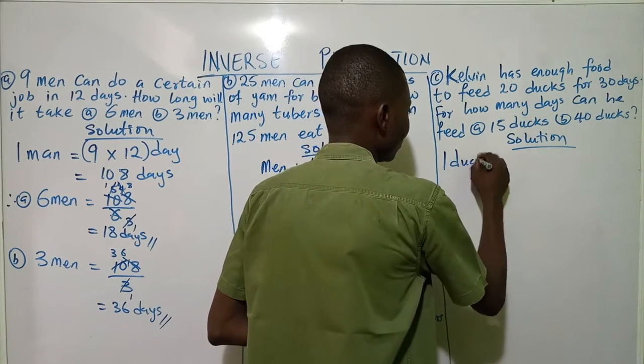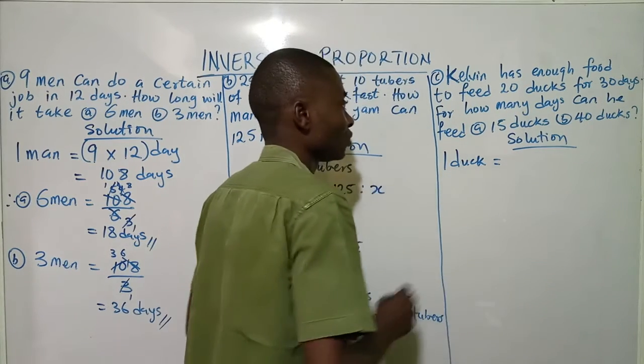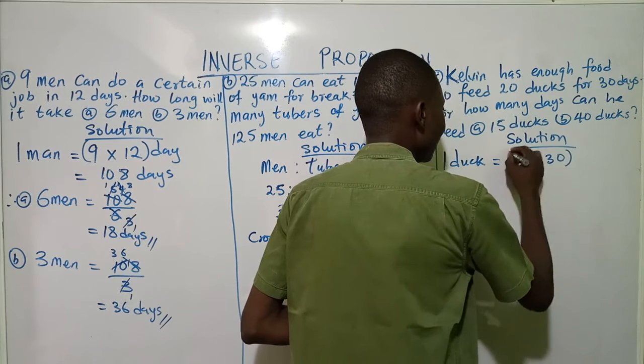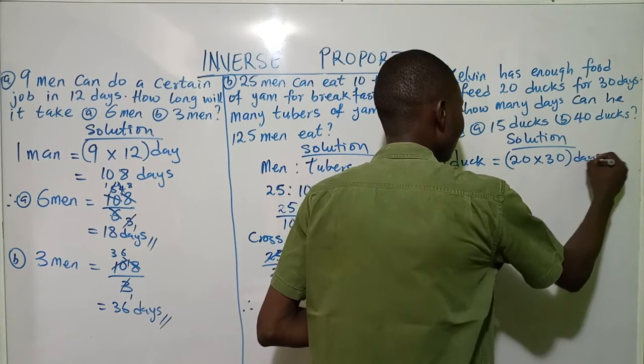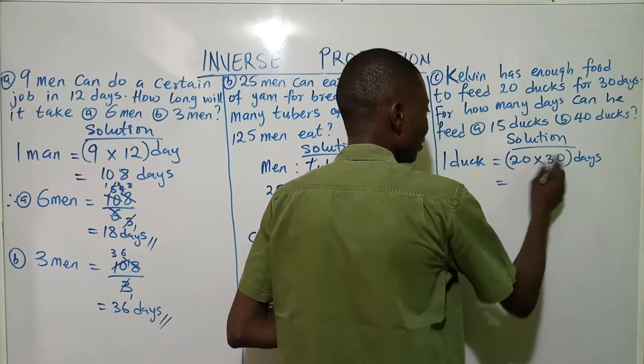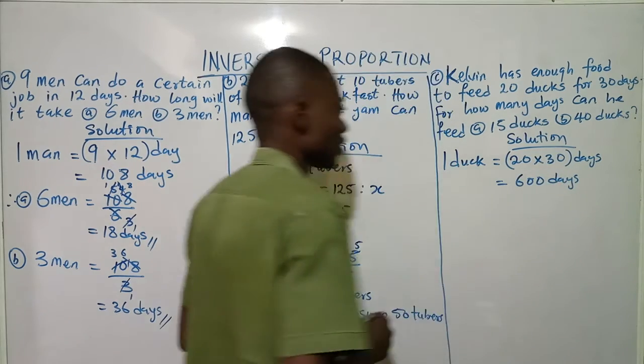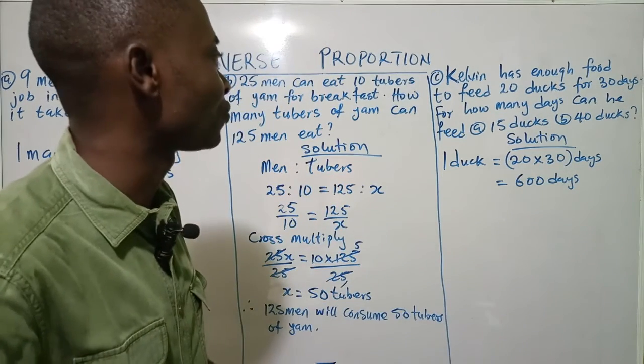One dog will eat this food in 20 times 30 days, which equals 600 days. So one dog will finish it in 600 days.